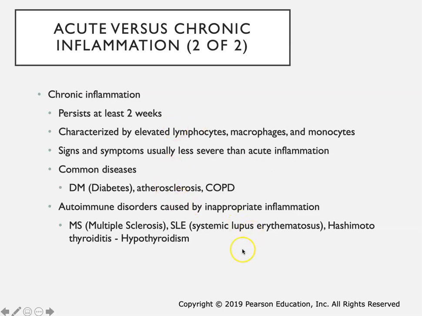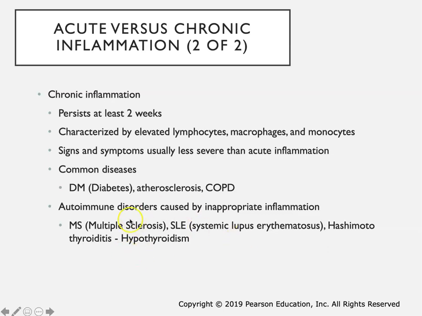Autoimmune disorders: an autoimmune response is prompted without any pathogen or foreign body. So it's this inflammatory response that occurs even though there is no foreign threat to the body.